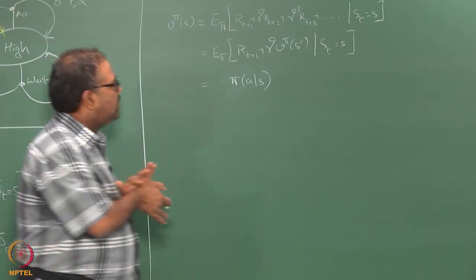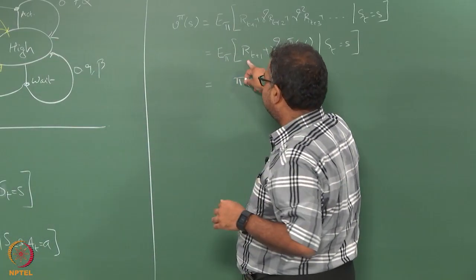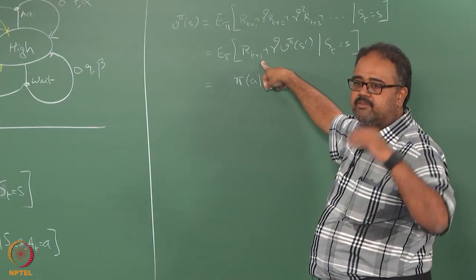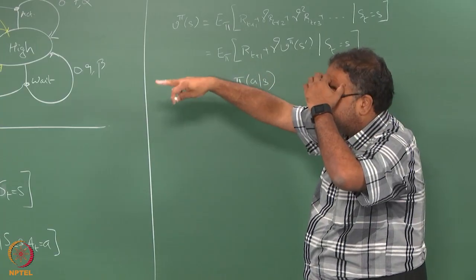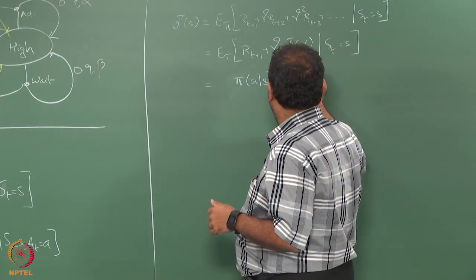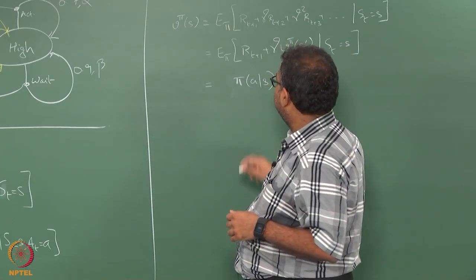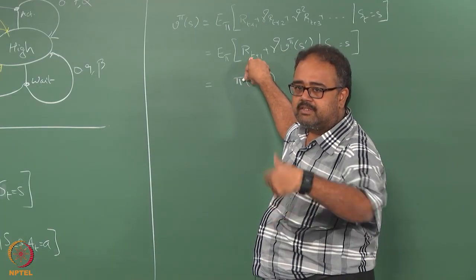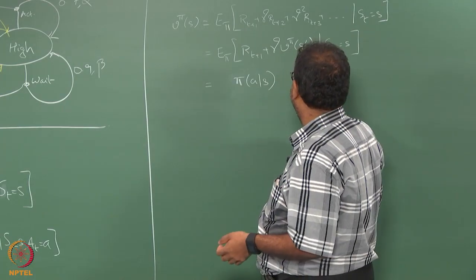So let us say I pick some action A, right? So now what I am going to do, I am going to get some reward corresponding to that, RT plus 1 will be something that corresponds to that reward. But then before I can find out what RT plus 1 is, I need to specify what the next state is going to be. So I need this.